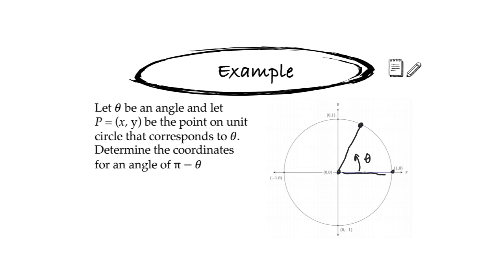So I would create that by traveling the same arc length here, but starting at this point here, pi, 180 degrees. And I'd be going in the reverse, the clockwise direction, since I'm subtracting theta. And you can see you're going to end up right about here.